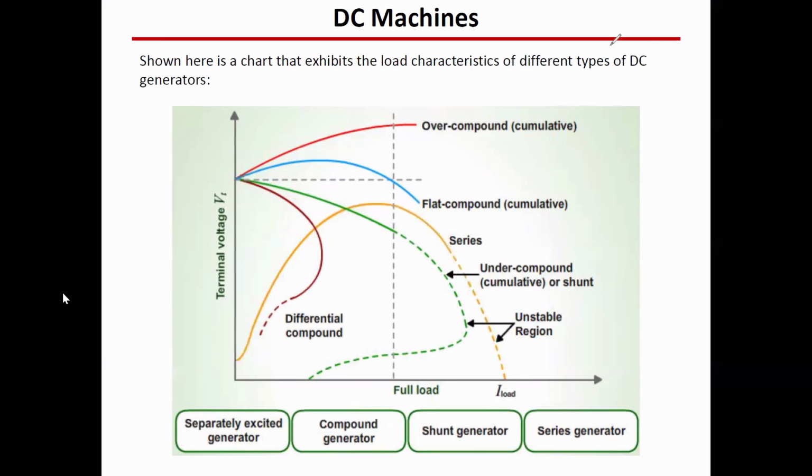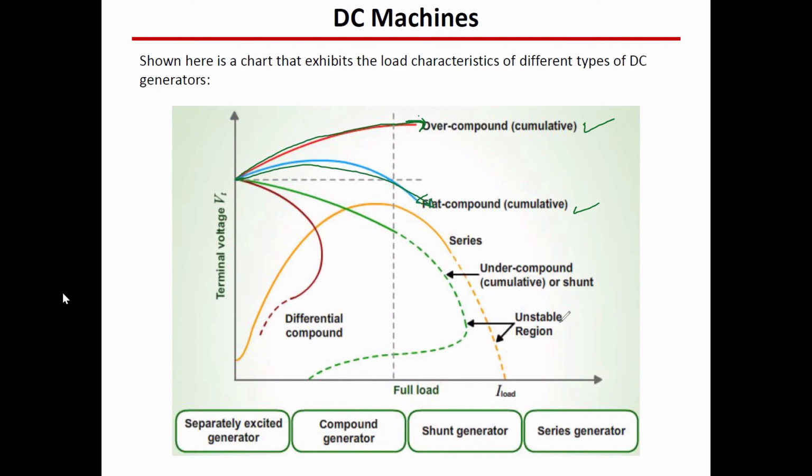Then we have the compound generators. Compound generators can be almost anything. If it is cumulative, it's going to be more like the shunt. It depends what the values are. So you'll have more additive effect, and it starts to increase and after that decrease.